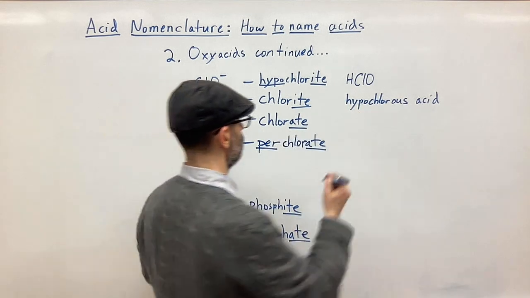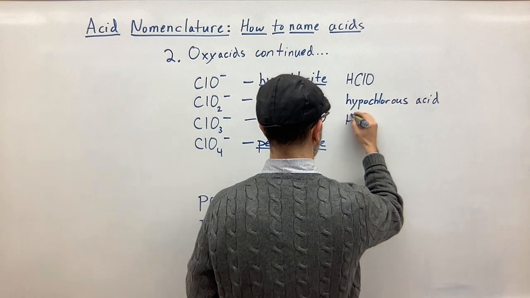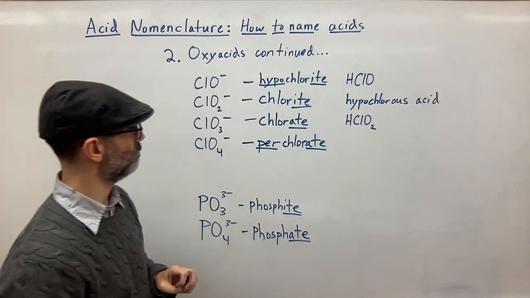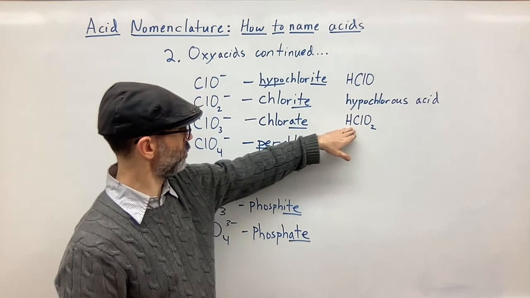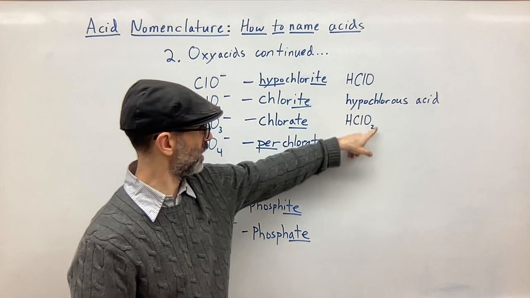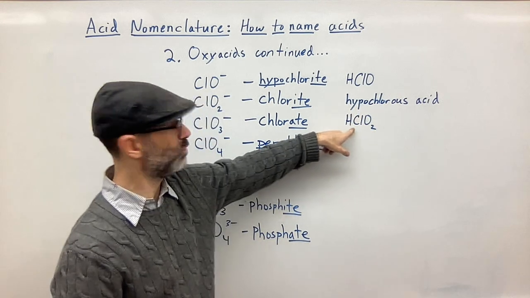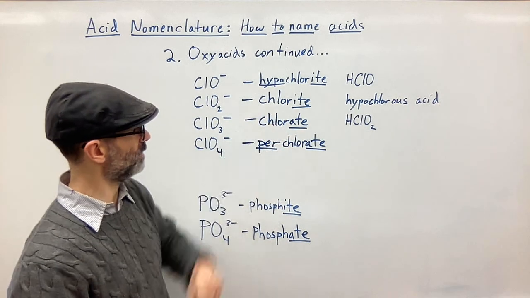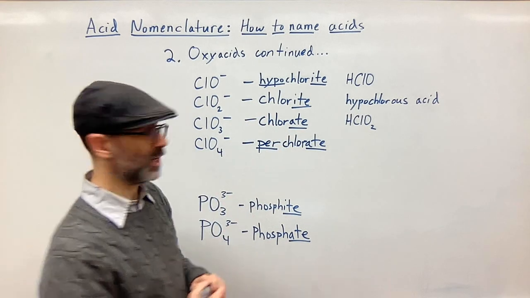What if I have, again, HClO2? So HClO2, again, an acid, it's an oxyacid because it's got this oxygen in it, and ClO2 is a polyatomic ion. This is your chlorite ion. So again, I follow the steps.